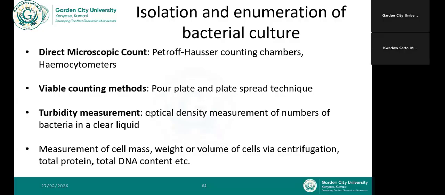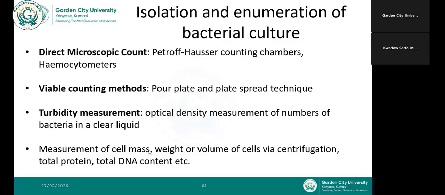So if there is no bacterial growth, the medium stays clear. But if they begin to grow, the turbidity will result. Sometimes it becomes very turbid, and you can use that one to assess the microbial growth.